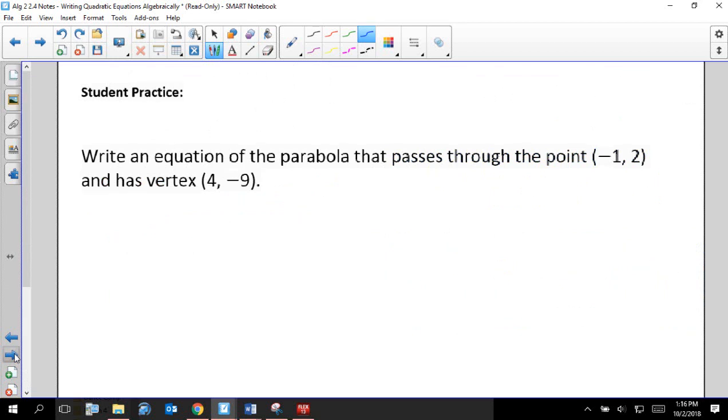Read it to yourself. Write the equation of the parabola that passes through the point negative 1, 2, and has a vertex of 4, negative 9. Which form do you use? Vertex form. If you don't know it, write it down.